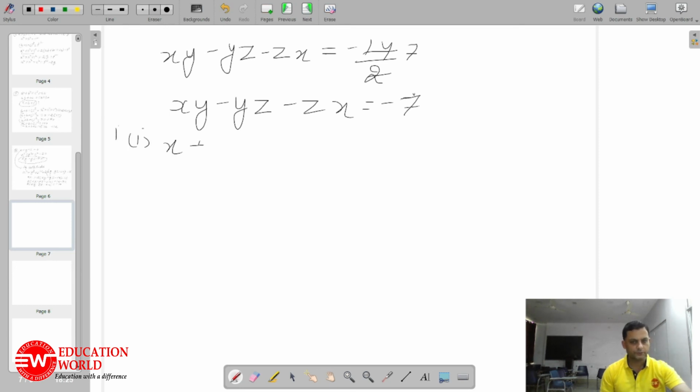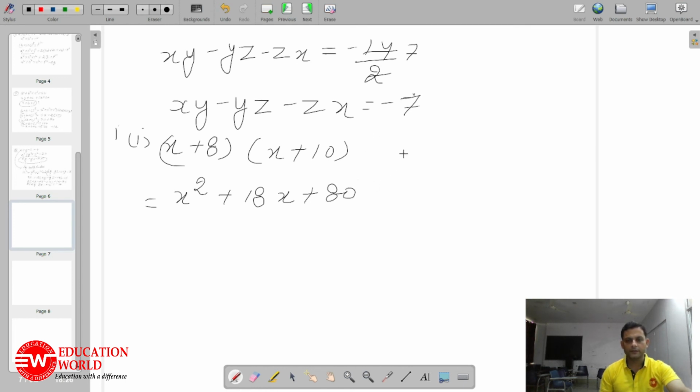This you can do with the help of expansions as well as directly. So what it will be: x square, then because these both you will add, 18x, then multiply 18.